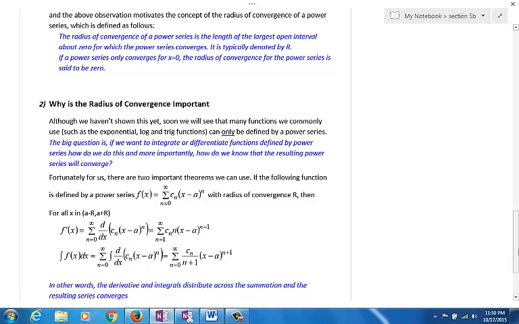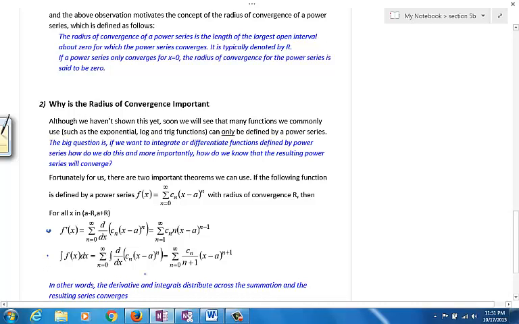But it turns out that if the power series converges at a value of x, we can actually distribute the integral and the derivative across that infinite series. And that will give us a new power series. So if I distribute this derivative operator across an infinite sum, I get a new power series. There's a theorem that says that new power series converges, and in fact, it converges to the derivative of the function. Moreover, the same thing holds true for the integral.